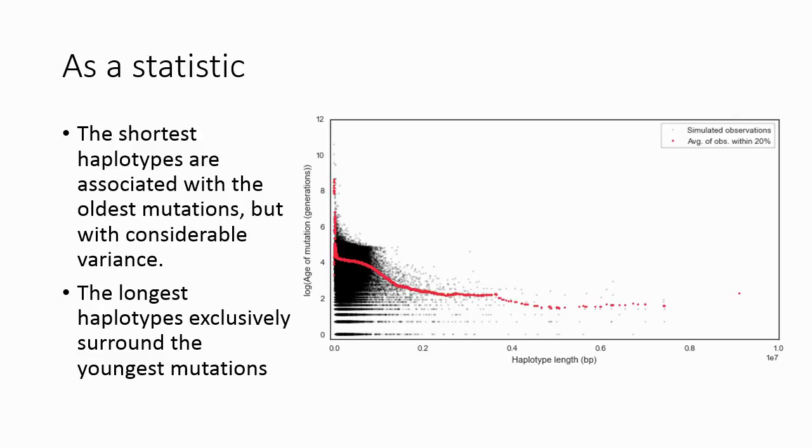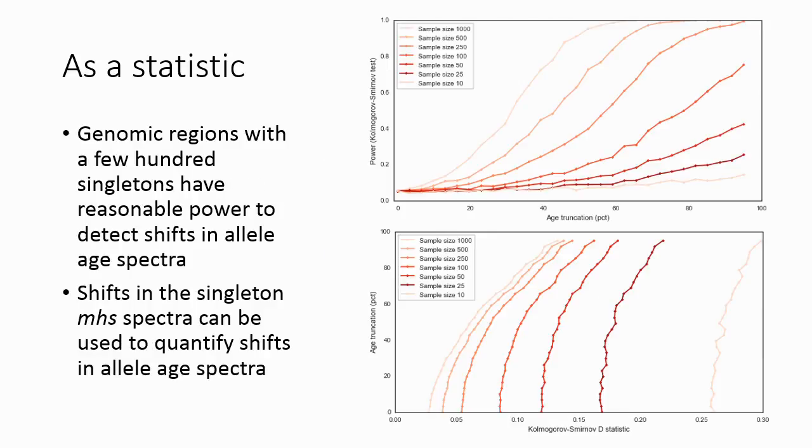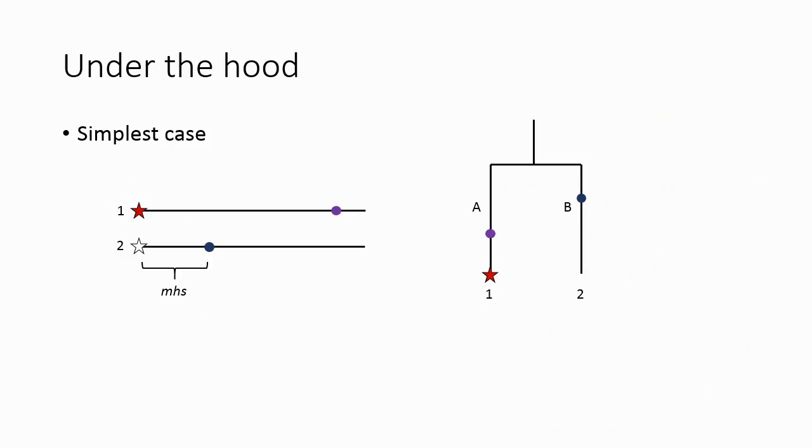So it does work, and even by itself provides power for detecting regions that have singletons, that have age distributions that are different from the neutral distribution. And beyond being able to simply detect these regions, it can quantify parameters about how the age distribution differs from the expected distribution. So it's useful in actually creating estimators too. I'm not going to dwell on this because I'd rather show you something about the sausage inside the statistic.